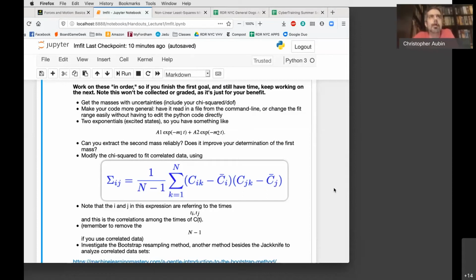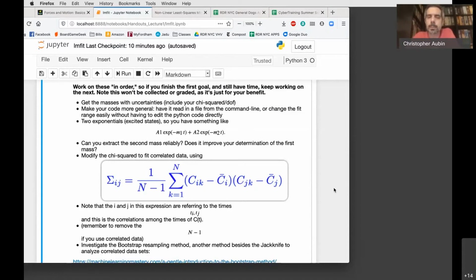Because you are artificially throwing out correlations that we know are there, this sigma matrix that we have here should be there. You can't use the same interpretation that the chi-squared should be on the order of the number of degrees of freedom. You can still use the chi-squared to say, okay, that's a smaller chi-squared than this was, so it's a better fit, but it doesn't have the same statistical weight, no pun intended, as if you had a correlated chi-squared.